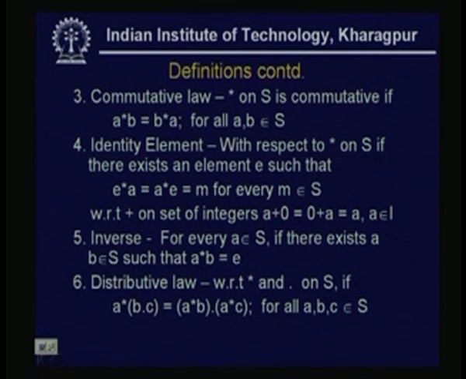The result we get, if that is equal to A star B dot A star C, what does it mean? That means the operator star is treated in this way, as if star operates on A and B, star operates on A and C, and then the two results are being operated by the operator dot. Then if these two results are the same, then we are calling this the distributive law.